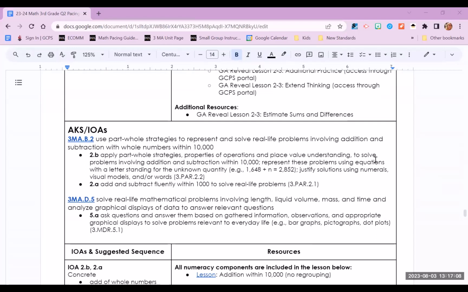After working with place value and rounding, we move into AKS 2 with IOA 2B and 2A as our primary focus of working to add and subtract up to 10,000. This will be our primary focus.